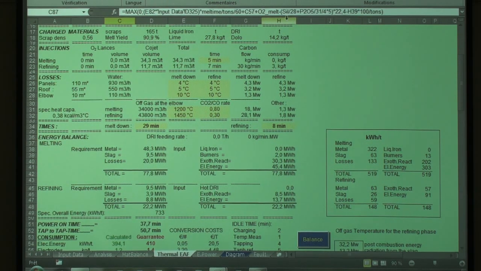But I consider that the silicon and P2O5 will be burnt during refining phase, so of course I don't consider it.